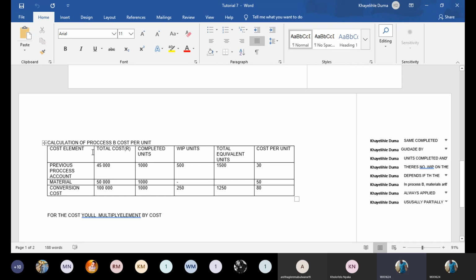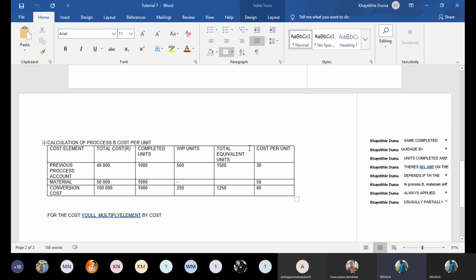So here you'll say cost element, on the table. Then the table will have a cost element column, total cost column, completed units column, work in progress units, and total equivalent units. Total equivalent units, don't get confused, is just the work in progress plus the completed.